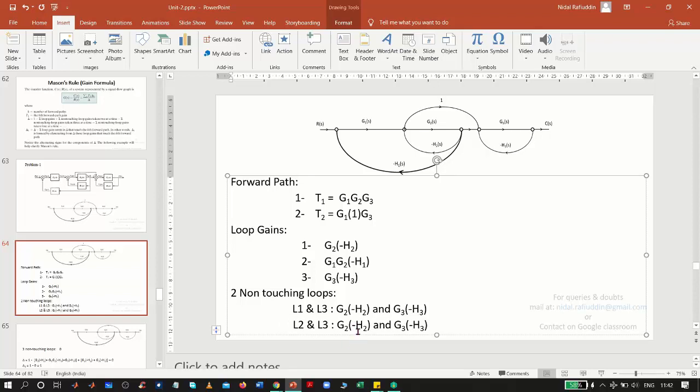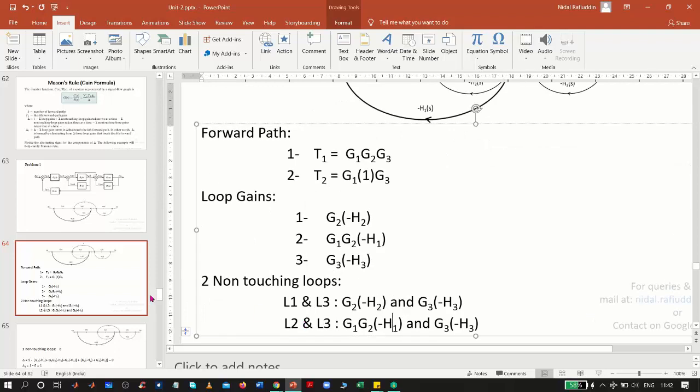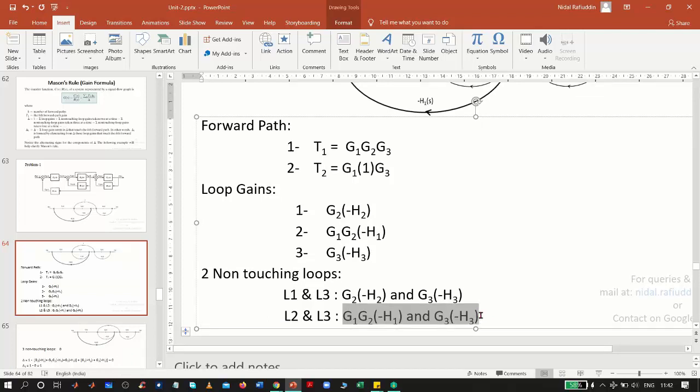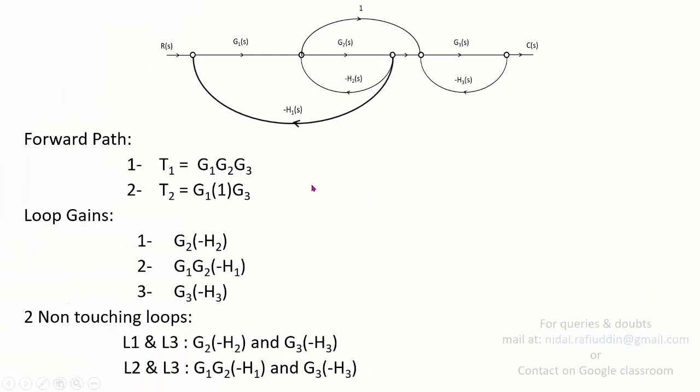L2 and L3 are non-touching, and the gain for L2 is G1, G2 minus H1, and G3 minus H3. So this is the second pair of loops that is non-touching. Now from this we move forward. There will be a slight correction because I missed this pair of loops. I guess this is correct to all.